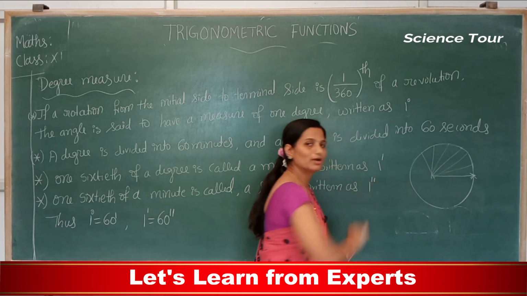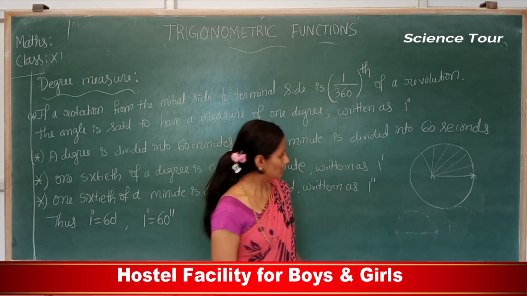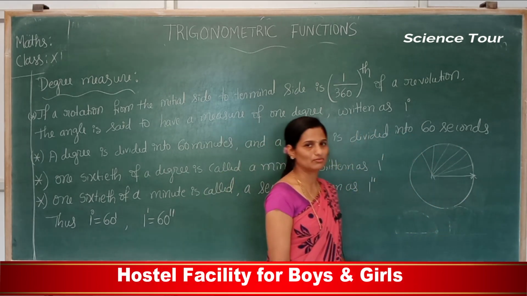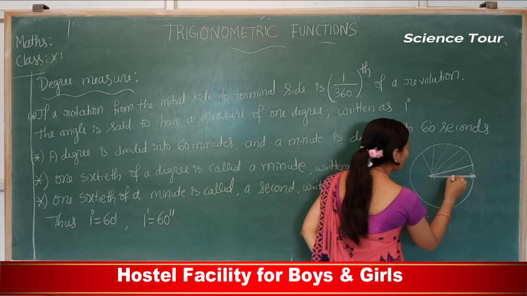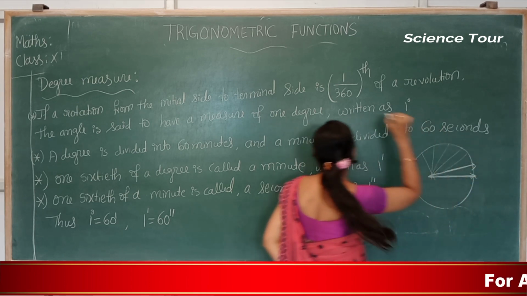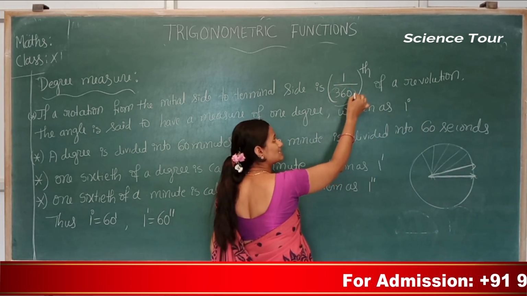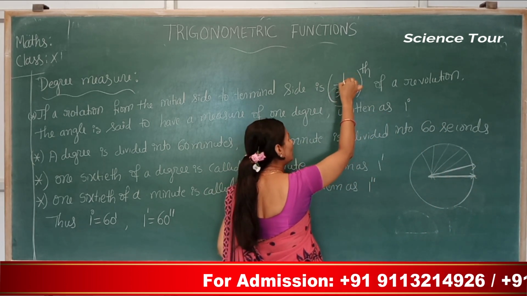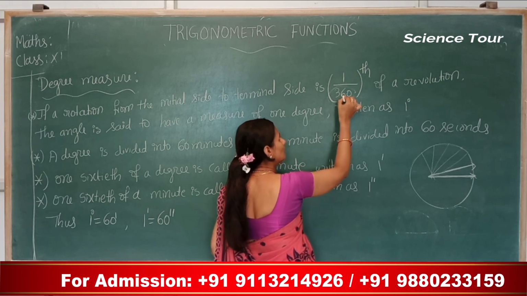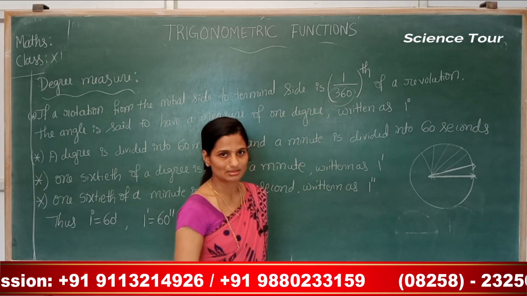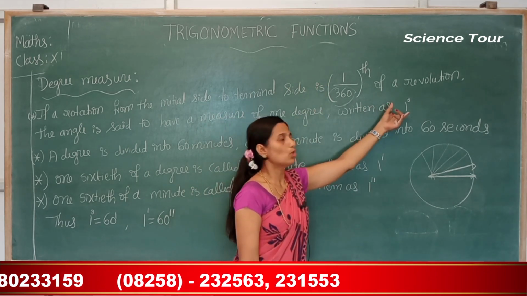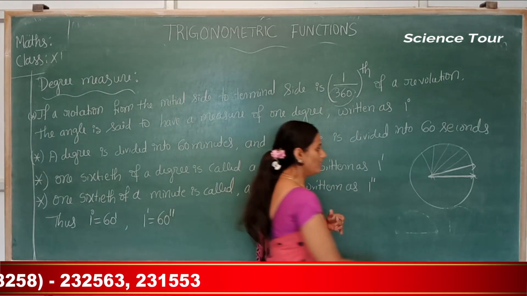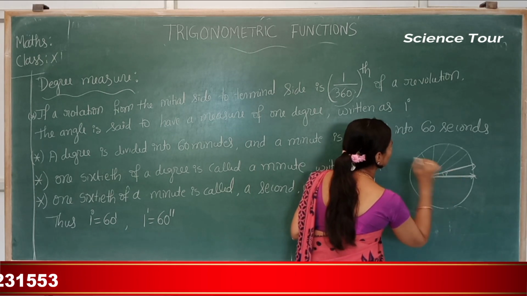Total how many divisions are here? 360 divisions. Out of 360 divisions, that one division, 1 divided by 360th, is called 1 degree.